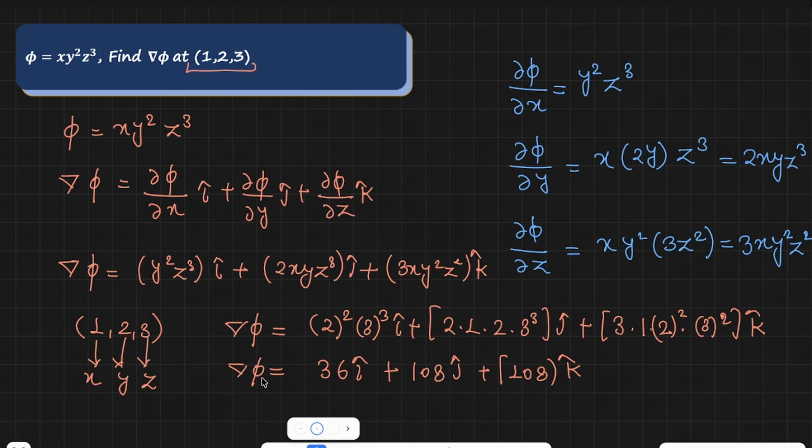Now this is the rate of change at this particular point, the gradient at this particular point.